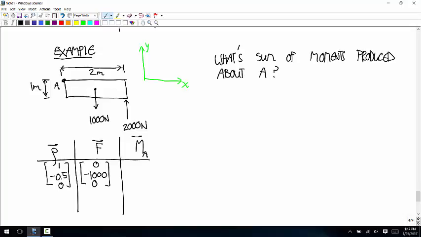The row vector is a vector that goes from the point A, your about point, to the point where the force is applied. So to get from here to here, you have to go in the positive x direction 1, and in the negative y direction 0.5. Now the cross product you can punch into your calculator, but that cross product ends up being 0, 0, negative 1,000.